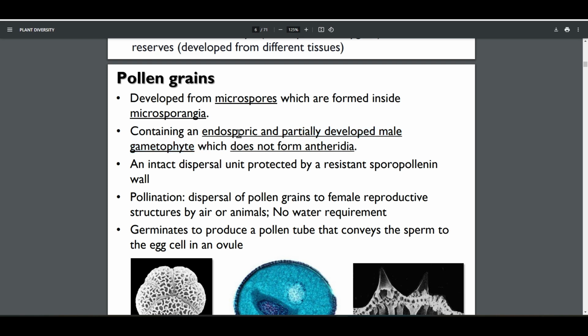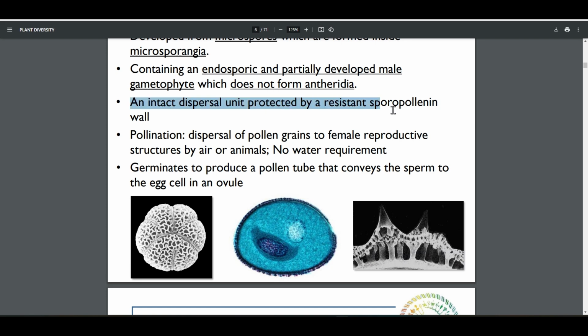So the pollen grain has a male gametophyte inside, and it does not have antheridia. That means it does not have a structure to produce sperm, but it can still produce sperm using a cell, the generative cell, which I will talk about later. So it is an intact dispersal unit with this wall here to protect it.